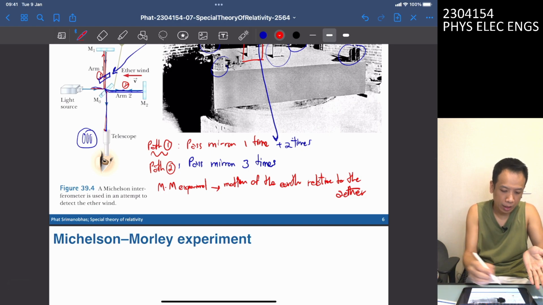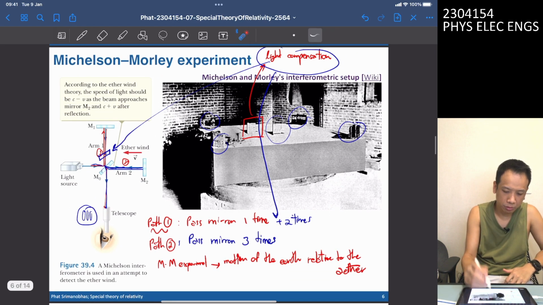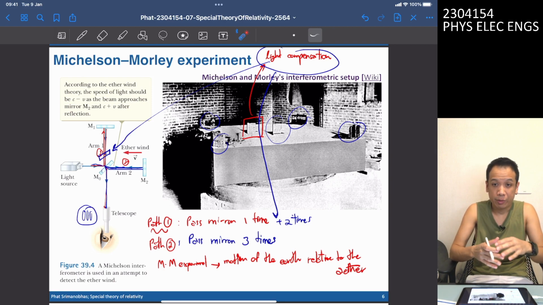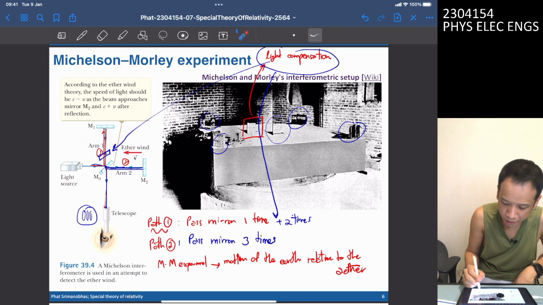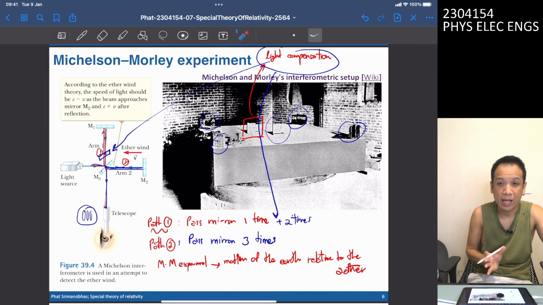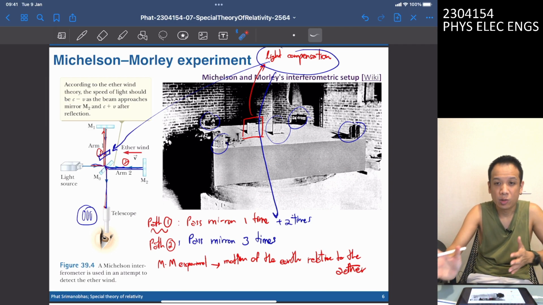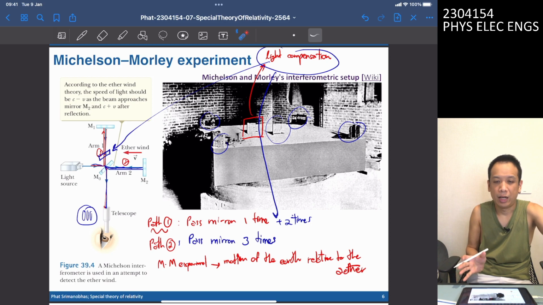Sorry, I forgot one thing to mention. When we set up the experiment, we don't really know where the ether direction is. There is no idea about the ether wind at all. Michelson and Morley don't really know the direction of the ether wind. It can be this way, it can be that way, whatever. That's why the experiment needs to be set so that it can rotate.